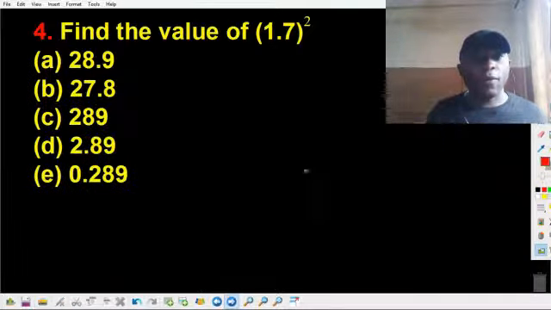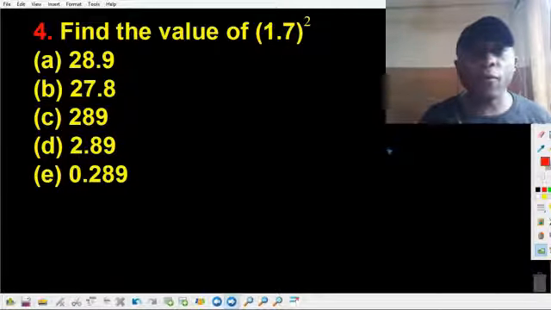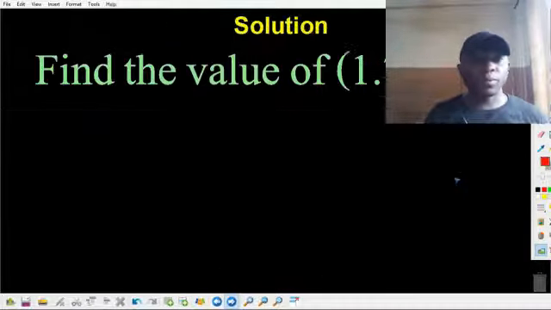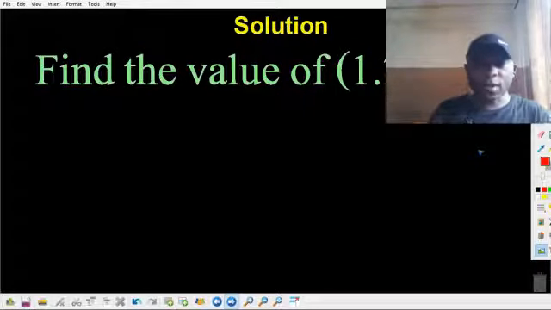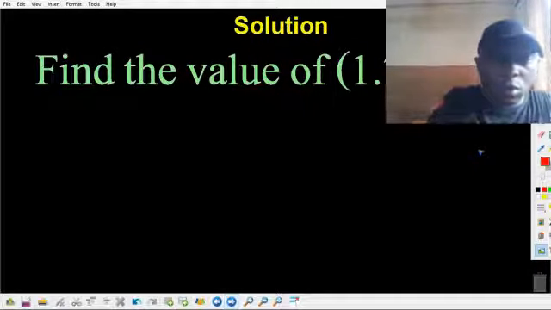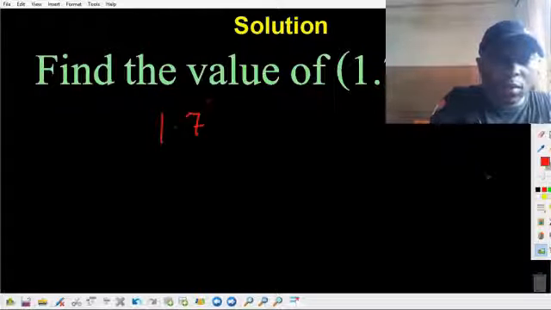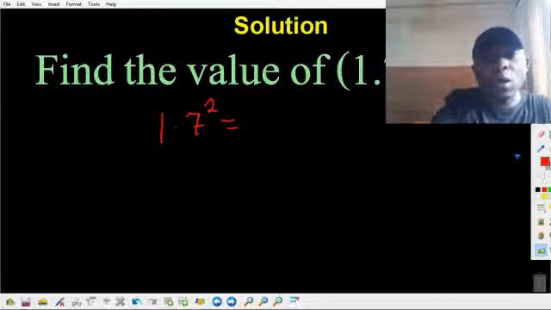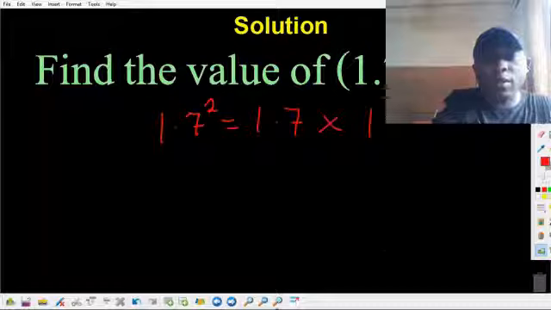Now let's move to number 4. Find the value of (1.7) raised to power 2. Now, first thing first, we need to understand that what the question says is to find the square of 1.7, meaning 1.7 multiplied by 1.7.